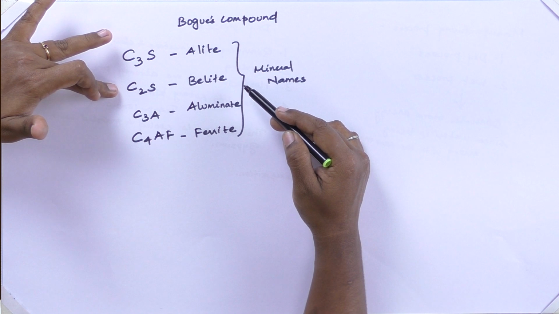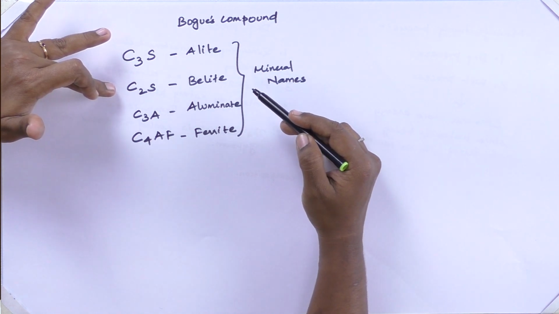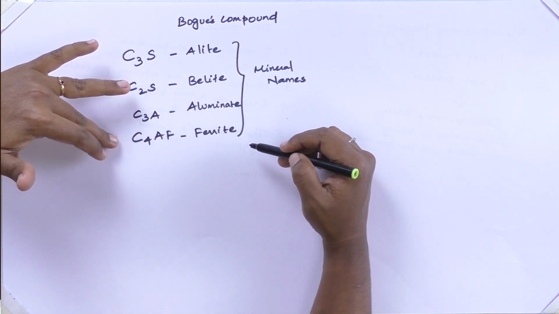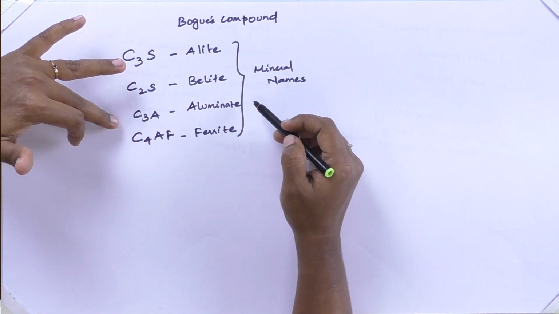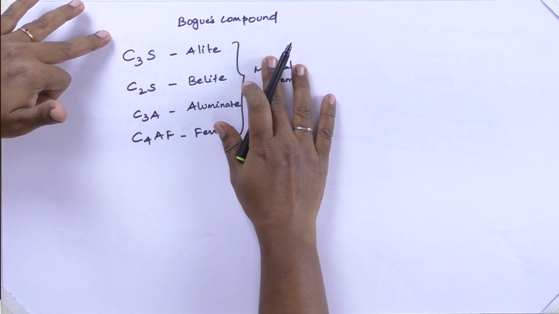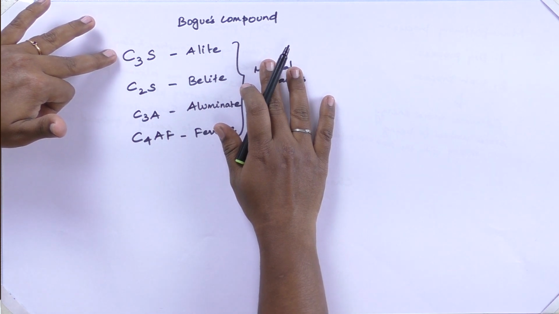Around 1200 to 1350 degrees Celsius, the initial formation of C2S starts, that is the belite component will be formed first. After that C4AF will be formed, then C3A, and at last, at the end of the kiln, C3S, alite, will be formed.